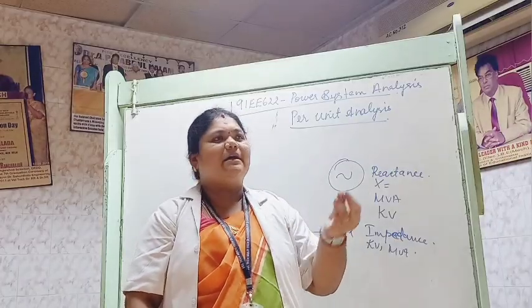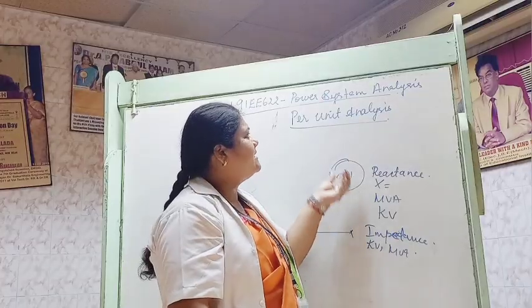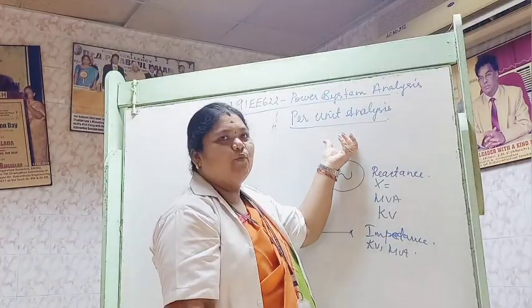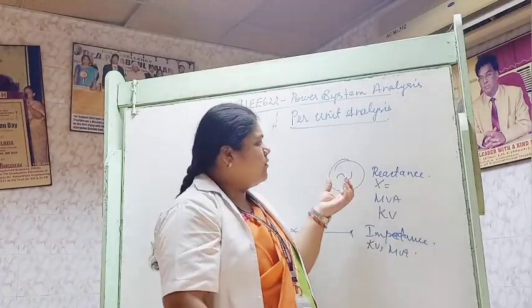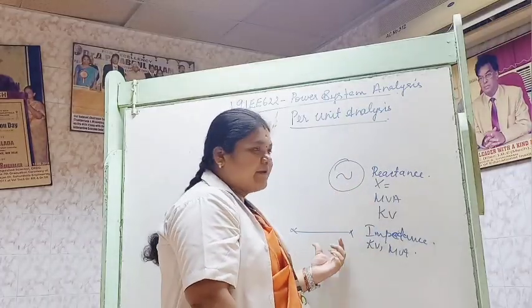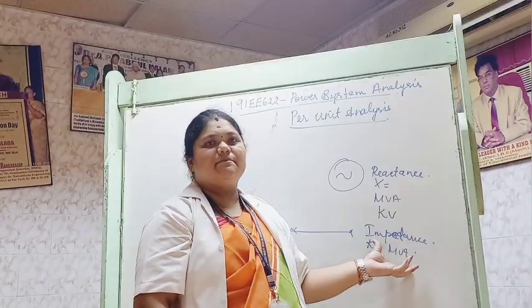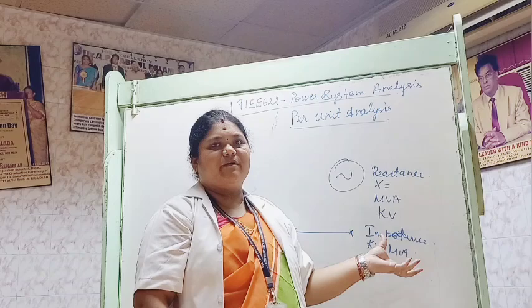Likewise, each and every power system network will be represented in per unit, a common unit for each and every component. A generator will be represented in terms of per unit, the transmission line in per unit, and the transformer in per unit.